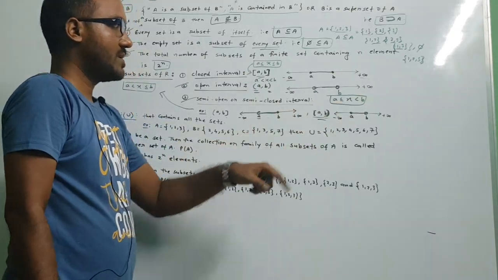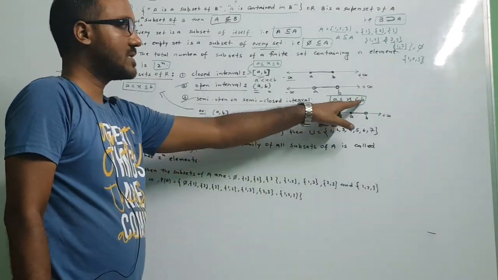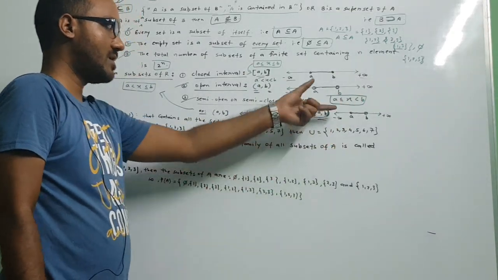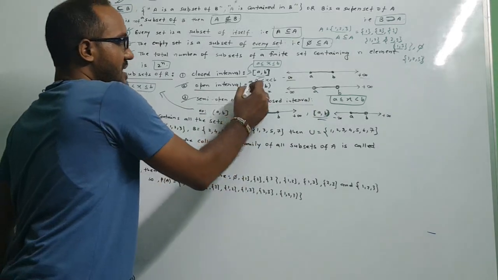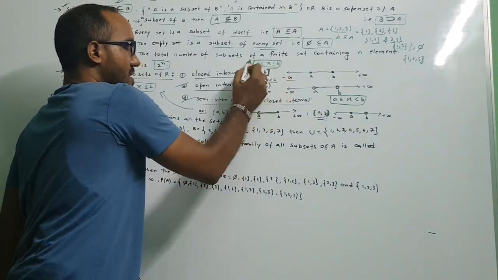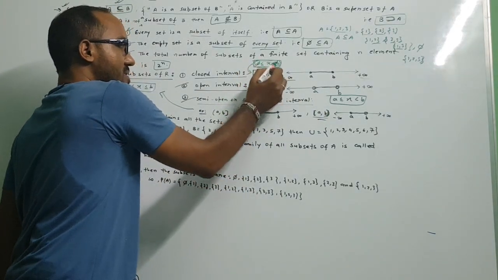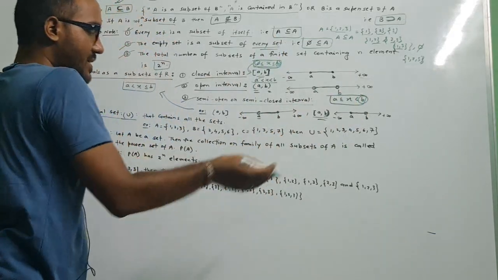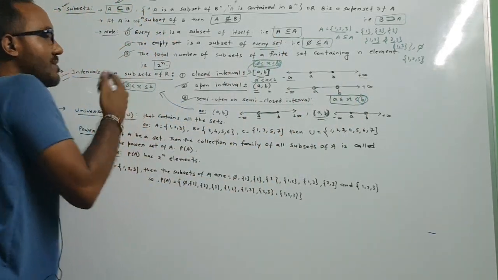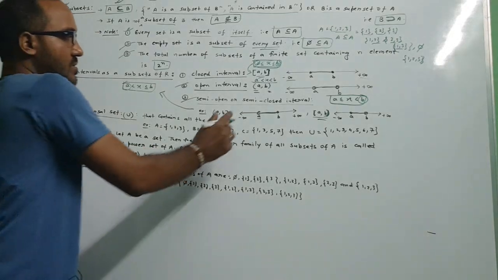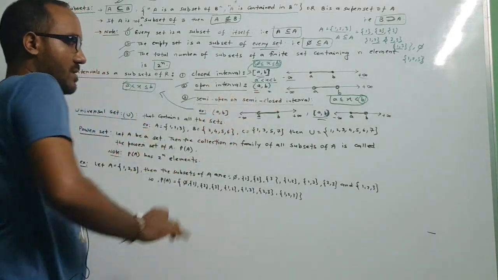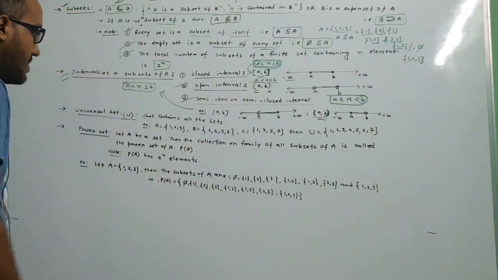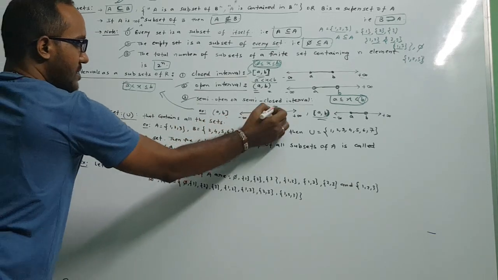This open interval means strictly less than. There are various names. This is less than or equal to, which means A and B elements are contained in the set. In this one, the B element is not contained in the set. In this one, the A element is not contained in the set. The solution should be between A to B, but A is not contained and B is contained, because here we have a dark circle.